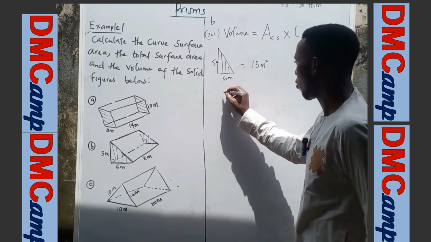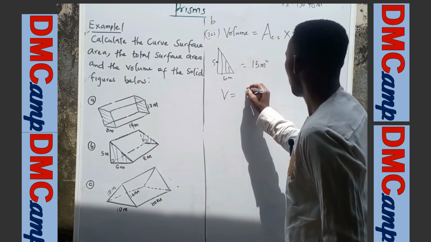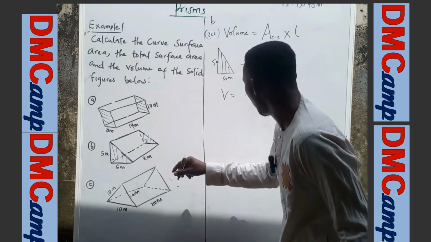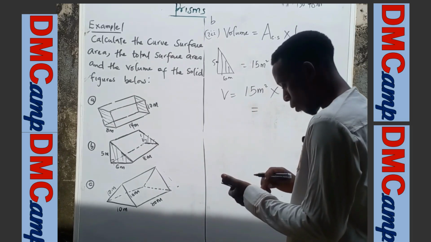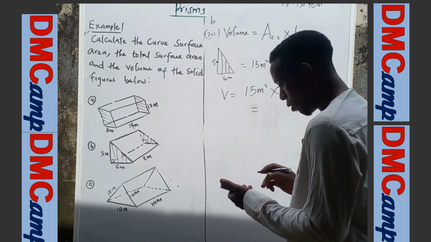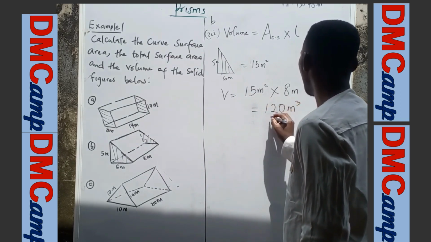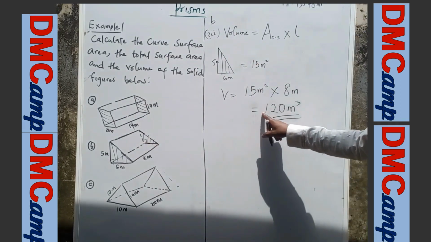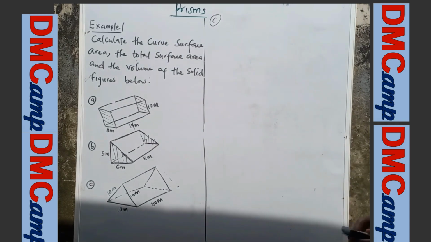So to get the volume, the area of this, that is 15 meter square, multiplied by the length. The length is 8 meter. So if you multiply 15 by 8, you are going to have 120 meter cube. So the volume of this shape is equal to 120 meter cube. So let's see the third one.